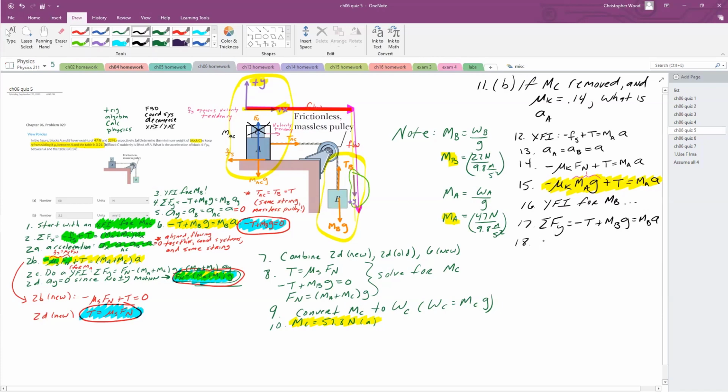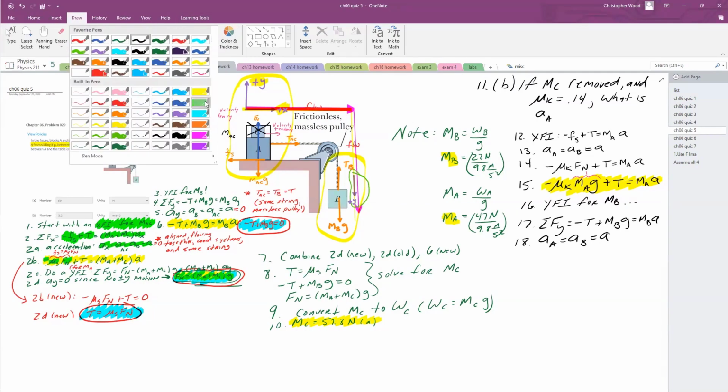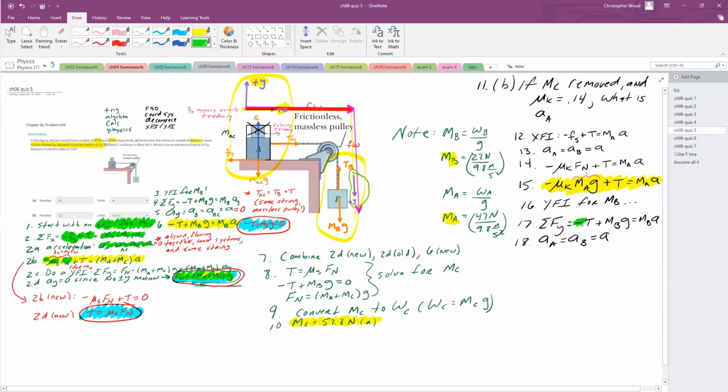Again, because the acceleration of block A is the same as the acceleration of block B, let's just call it A. And that's it. All right, so I have these two equations now. This is the result of my inventory for block B. This, once again, is my inventory for block A. Let's solve for A. Yes, we can do that.